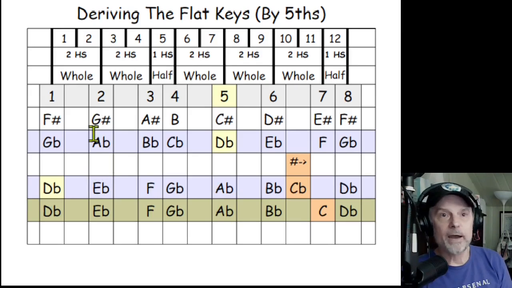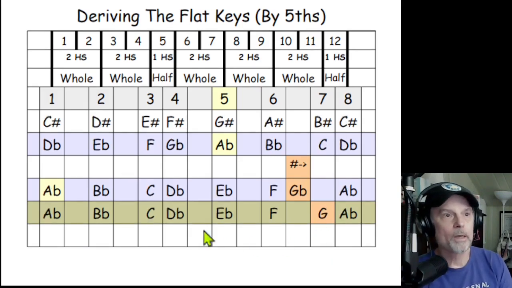If we write down, starting with G flat, our 5th is D flat. Again, we raise the 7th. D flat now has 2 natural notes, the F and the C. Starting with D flat, our 5th is A flat.